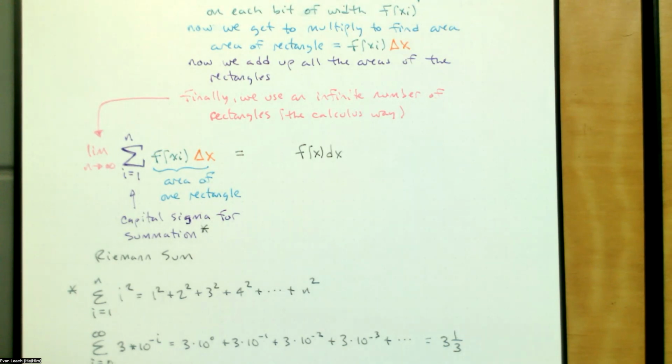The limit as n goes to infinity of the sum as i goes from 1 to n, all that gets replaced. That's the machinery for a discrete sum. We don't have a discrete sum anymore. We have a continuous sum, so we have new notation for it.